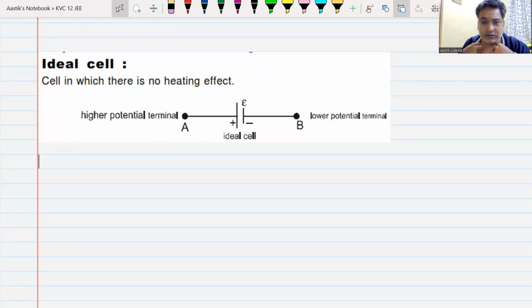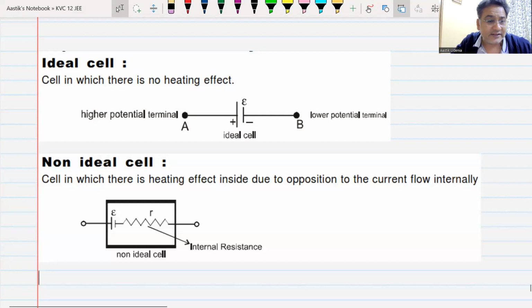In some cases, you will find circuits with an ideal battery. In some cases, you might find a small resistance put with the battery or the cell, that is known as a real cell or a non-ideal cell. And a non-ideal cell has a resistance and therefore some energy is lost in the form of heat. Do we understand this?